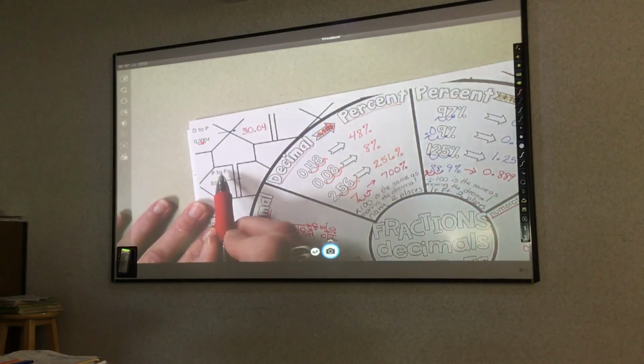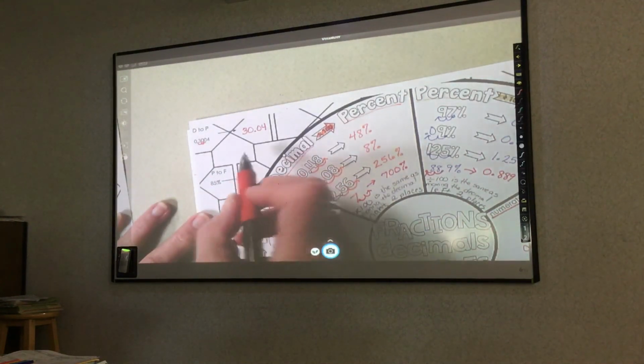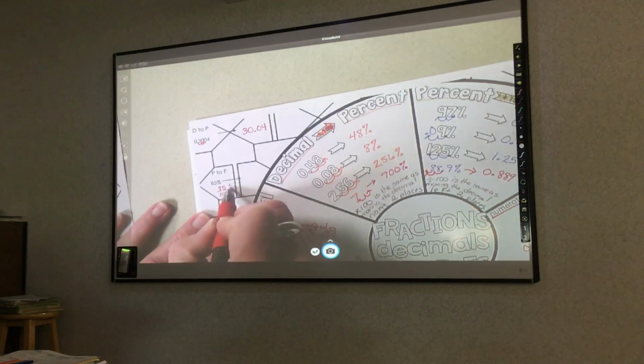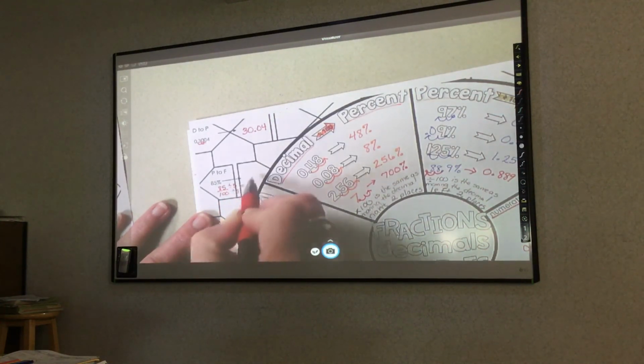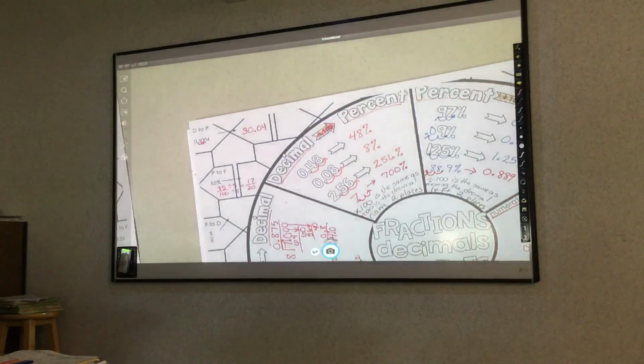Percent to a fraction. I need to show all my steps. I'm going to put 85 over 100. Then I'm going to divide by 5 on each of them. And that becomes 17/20. My final answer is in this box.